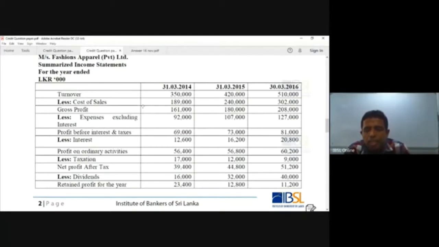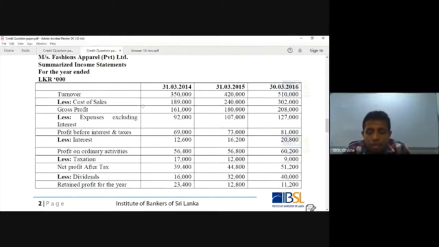Now here in the formula, the cost of sales is given, the beginning inventory is given, and the ending inventory is given. We have to calculate the purchases. If you rewrite the formula in order to calculate the purchases, it will be like this. The original formula is cost of sales equals beginning inventory plus purchases minus closing stock.